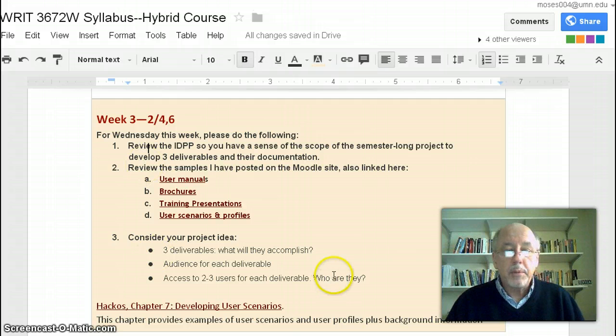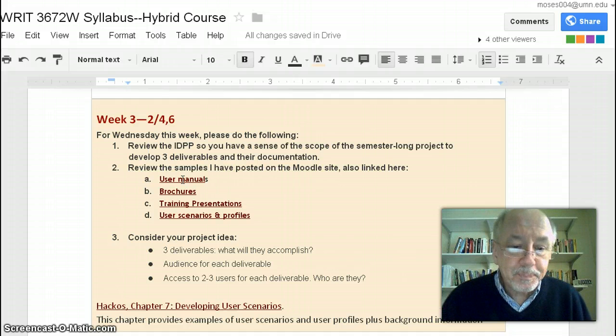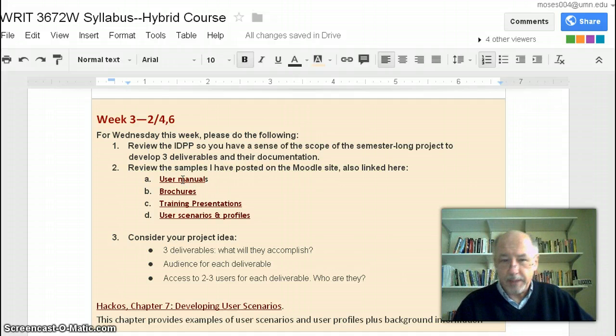So how to proceed? Go ahead and look at those examples. These are from past students, and the user scenarios and profiles are a combination of materials from the HACOS book and from past students. And so after you look at those things, you'll get a sense for what a user scenario is supposed to accomplish.